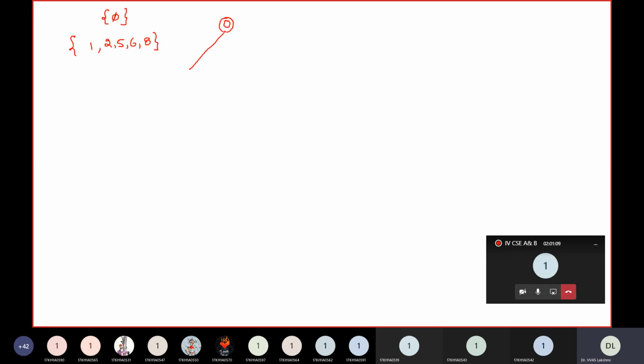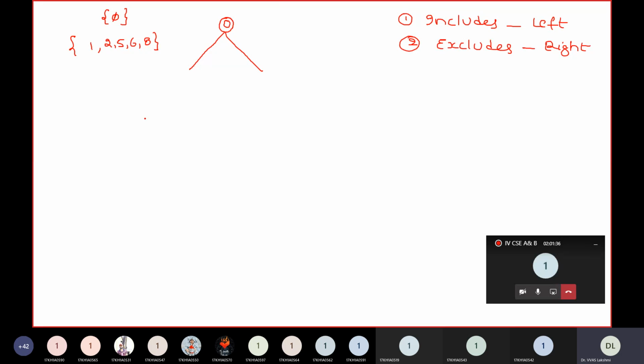At each and every stage we will have only two options. First option is include the element. Second option is exclude the element. The first option always moves towards the left, the second option always moves towards the right.